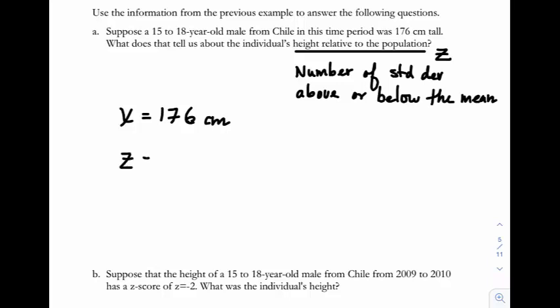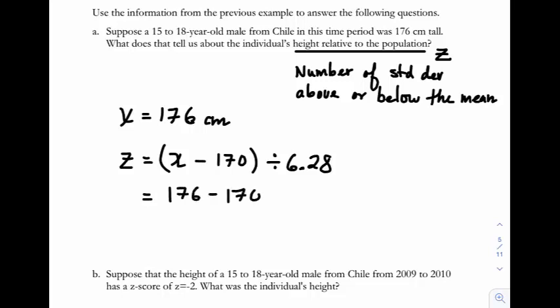So let's make that conversion for z. By the formula, z is the data value minus the mean, which we know is 170 centimeters from the last problem, divided by the 6.28. The individual's height is above the mean, so we know the z-score is going to be positive.